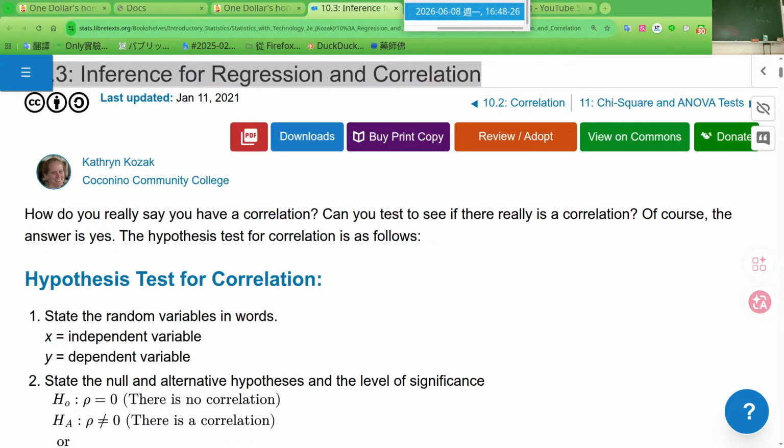Then the conclusion is we reject the null hypothesis since the p-value is very small, less than 0.05. Interpretation: there is enough evidence to say that there is a positive correlation between alcohol content and the number of calories in a 12-ounce bottle of beer.